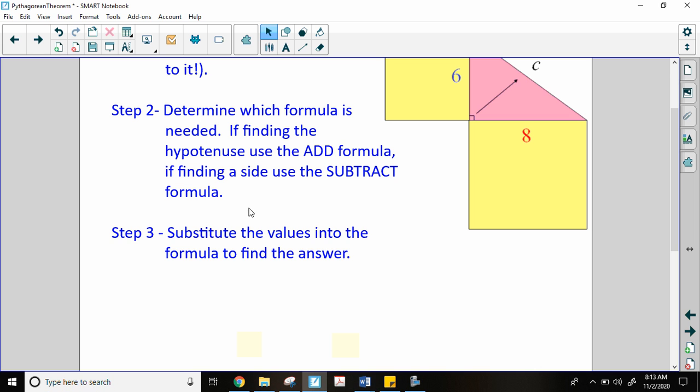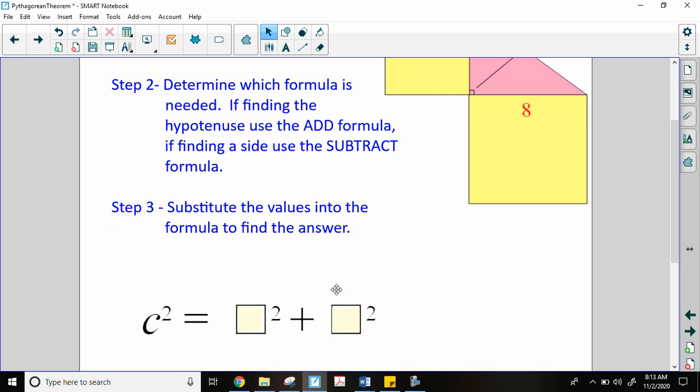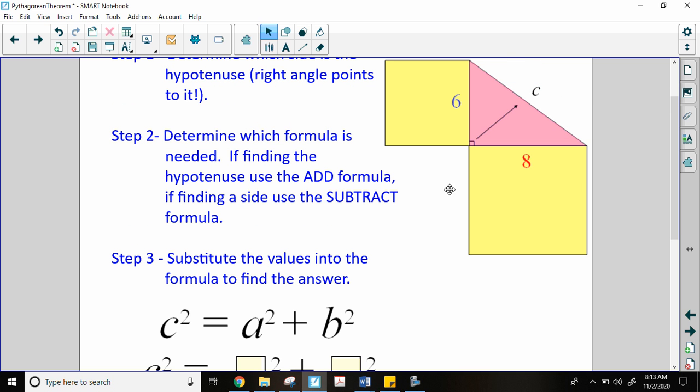Then, once you figure out what we're supposed to be doing, we just plug our known values into our equation. The Pythagorean theory, c squared equals a squared plus b squared. We're looking for our hypotenuse, so it's going to stay as a letter, but we can replace the legs with the numbers that are given to us in the question.